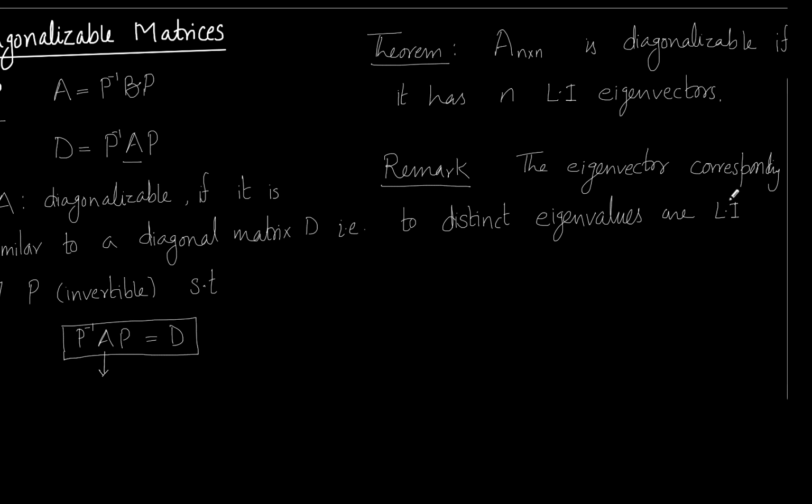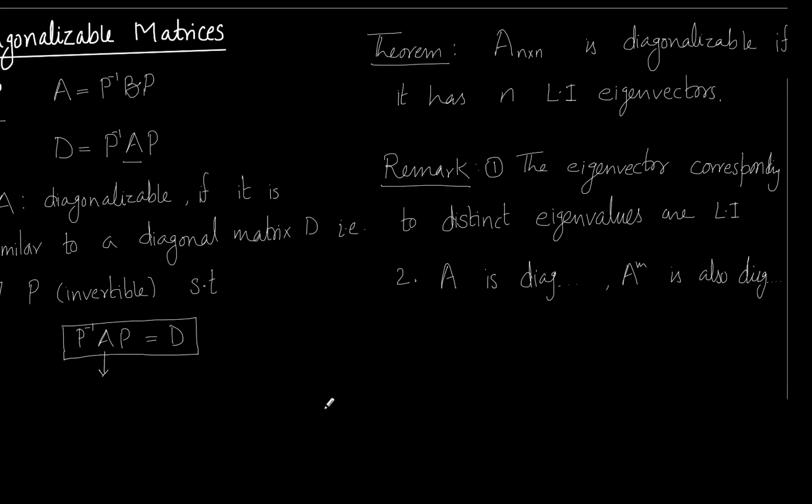So if it has distinct eigenvalues, its corresponding eigenvectors will be linearly independent. The second remark says that if your matrix A is diagonalizable, then the matrix A to the power m is also diagonalizable for any positive integer m.